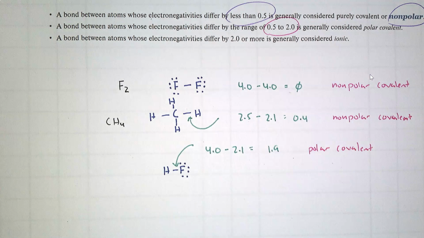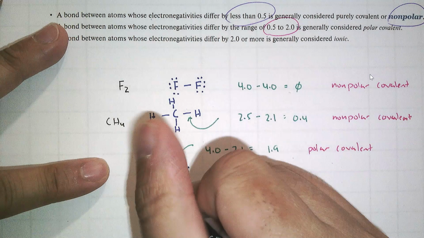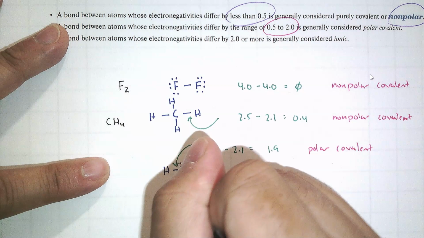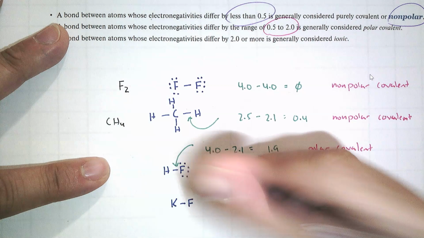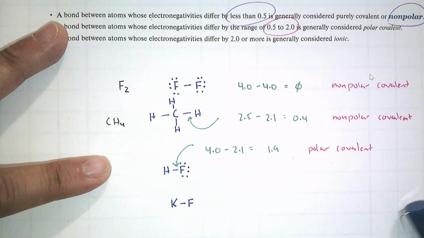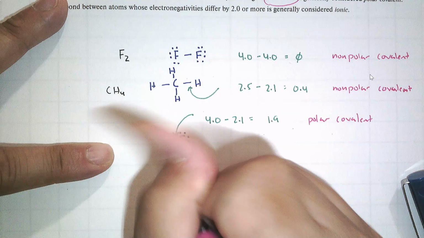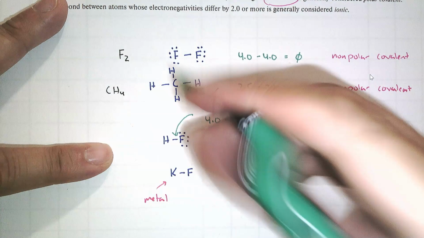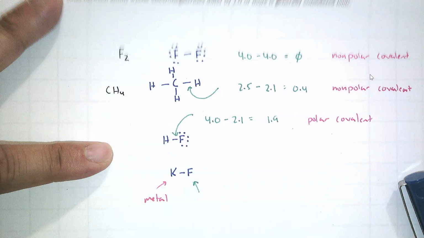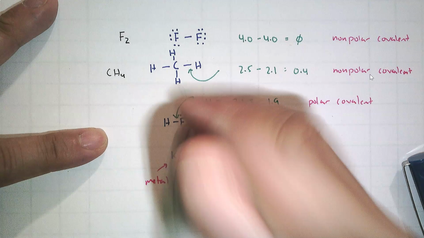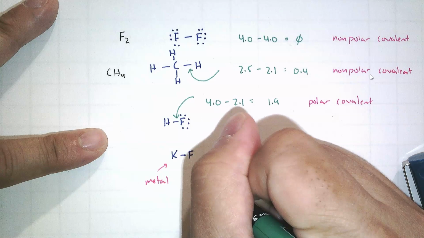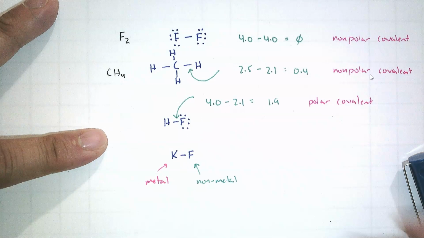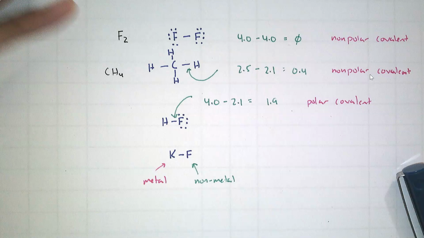And why don't we prove that a KF bond, you could draw it like this if you want, or because we have a metal, right? This is a rule that you learned quite a while ago. If you have a metal and non-metal, typically you're going to form an ionic bond. But now let's prove it.